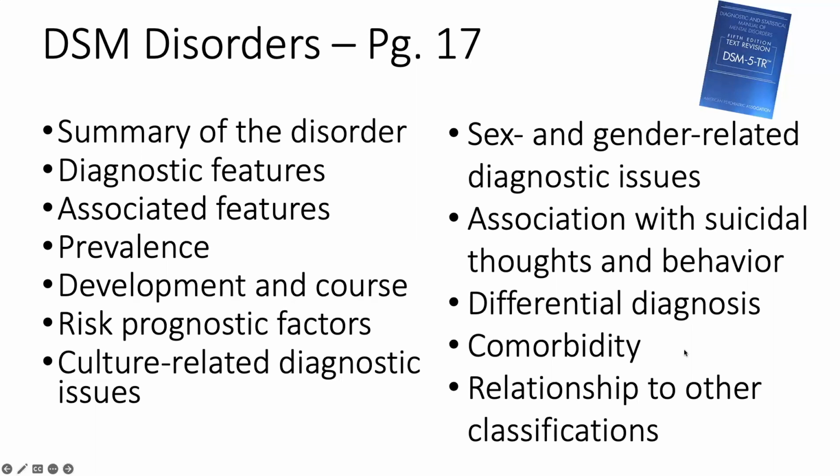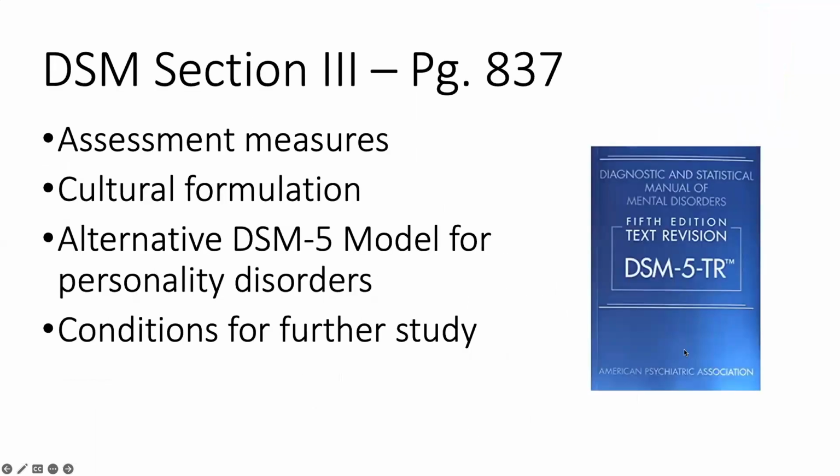So now if you flip to the end of the DSM, you'll see a section devoted to assessment measures. So throughout the semester, we will review several of the cross-cutting symptom measures, which really help us to pinpoint the symptoms of specific disorders. Assessments allow us to gather baseline data, to recognize symptoms, and to track progress.